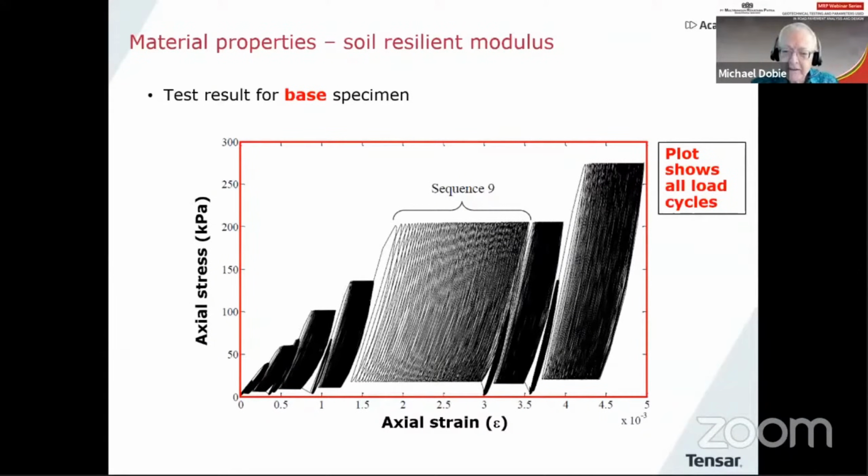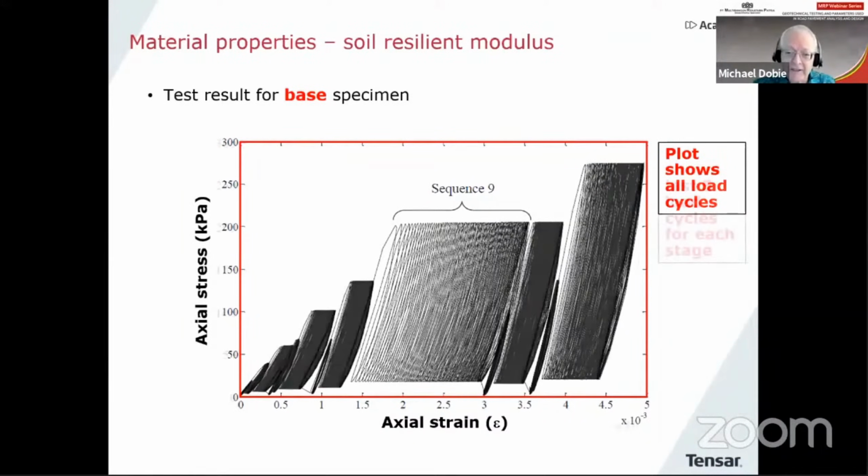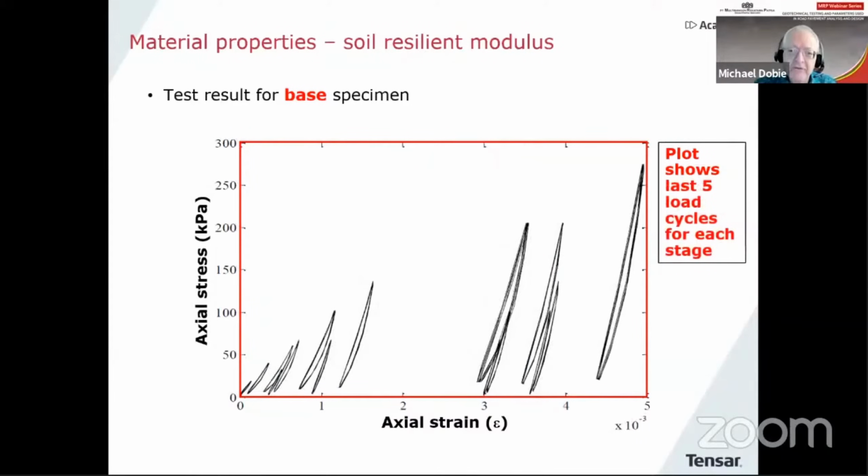And then even nicer, this person also has the same diagram showing the last 5 load cycles from each stage. So MR, the resilient modulus, is the inclination of each of those little groups of curves, the average inclinations. And you can see how they are getting steeper as you go down the sequence of loading.